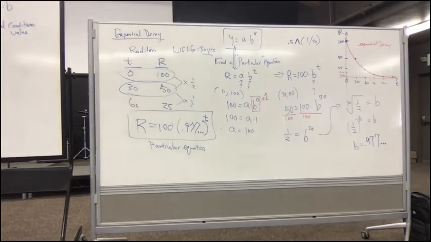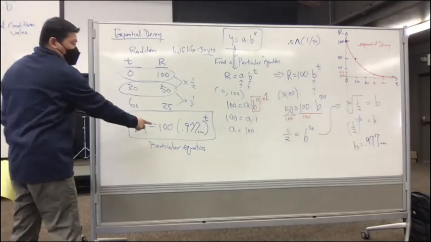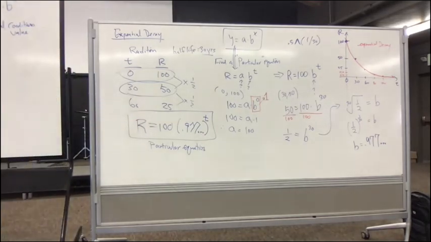You remember the first example I gave you? The initial condition was 1, so A was 1 for that first problem. The second problem, the initial condition is 100, so A turns out to be 100.